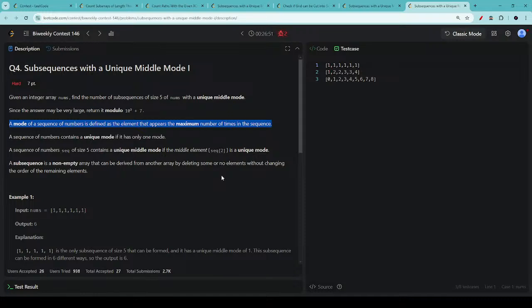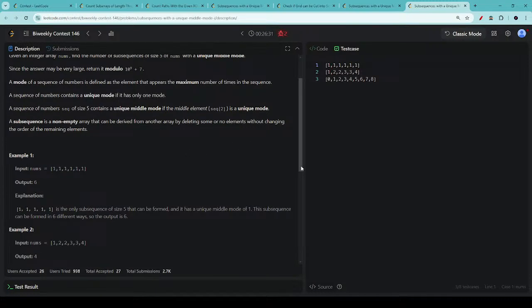Okay. Wait, isn't this really easy? This is a sliding window, right? Find the number of subsequences of... Okay, so it's not sliding window. It's not sliding window, guys. Okay, so what's a mode? Mode is the number that appears the most number of times.